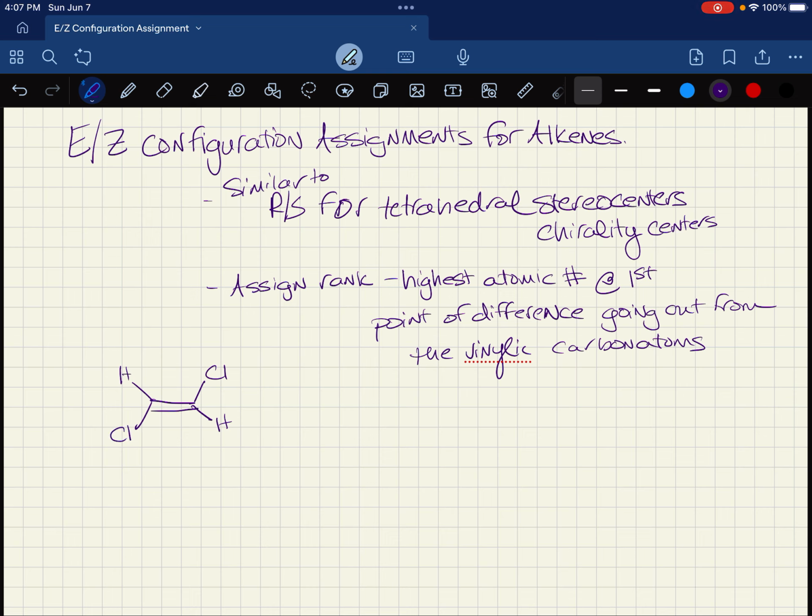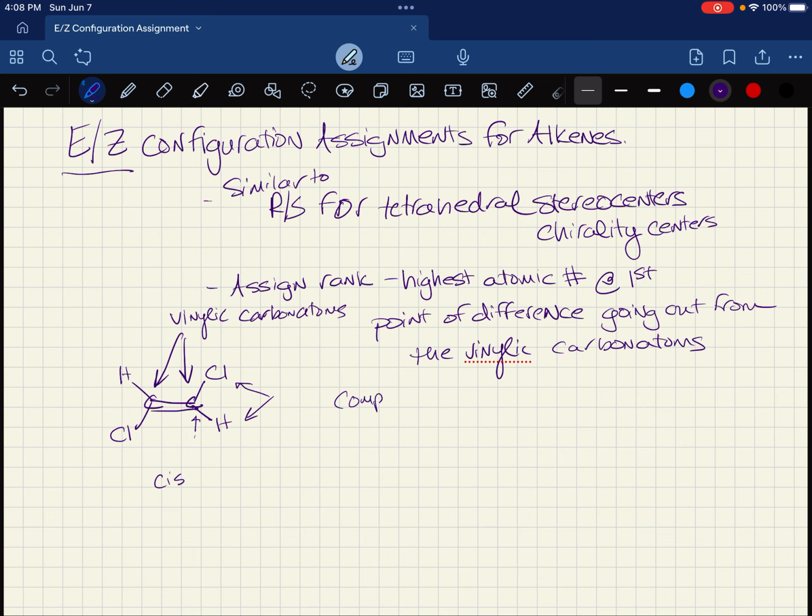In this particular one, we already know that we would call this cis, but we want to also know how to assign it as E and Z. And so we have here the two vinylic carbon atoms. What we want to do is compare the next two atoms out attached to the vinylic carbon atom on the right and decide which one is higher ranked. And then we're going to do the same thing to the carbon on the left.